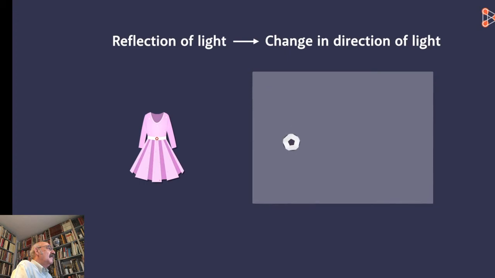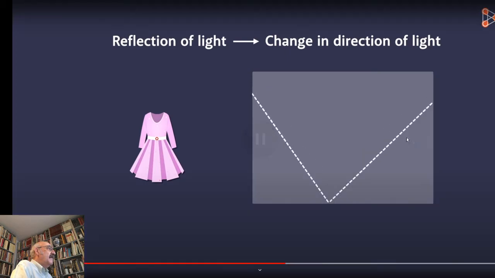Just like a ball bounces from the ground, light reflects off a smooth surface. When light hits an object, it gets deflected. This phenomenon is called reflection of light, and it is essential to explain how we can see objects.